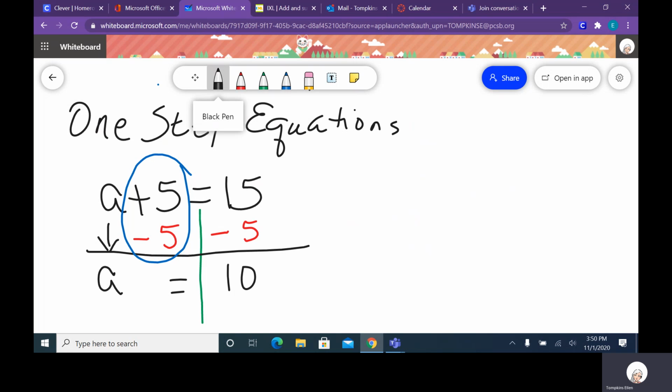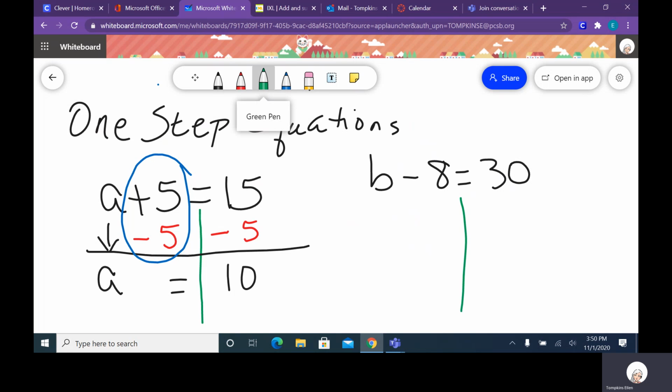Let's look at it from a subtraction perspective. If I have b minus 8 equals 30, I want to get that 8 pushed over the wall, so we're going to write the 8 on both sides. But I need to have the opposite sign. So that's a subtraction sign, and I'll need a plus. In order to do that, I can't change the value.